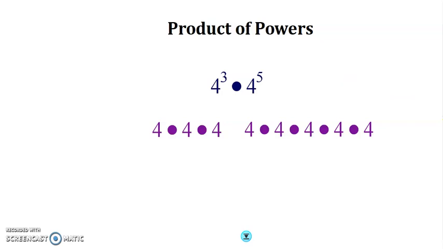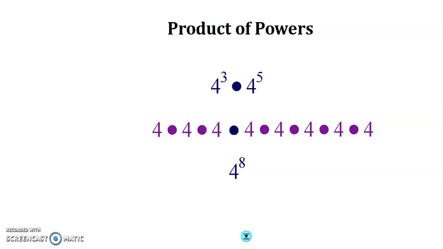Remember that originally this problem was 4 to the 3rd times 4 to the 5th, so we don't want to lose that original multiplication sign. Now if we look, this is just a bunch of factors of 4, and if we count them all up, we can see that there are 8 factors of 4. So that could be rewritten as 4 to the 8th.